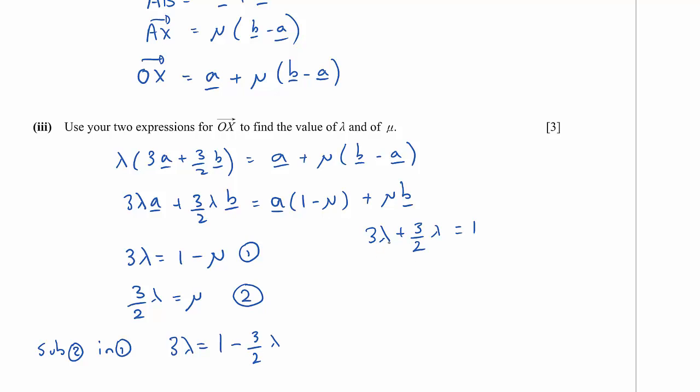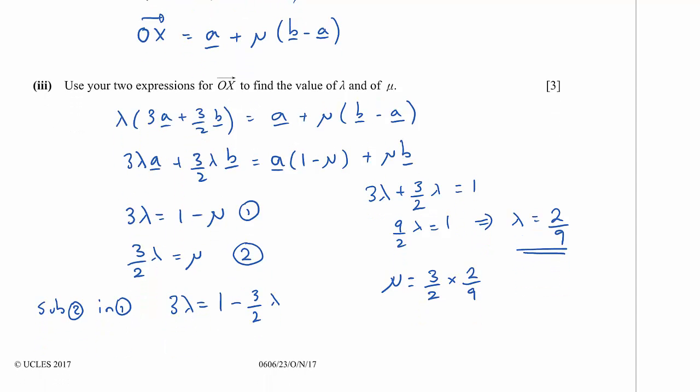Now 3 is 6 over 2, so we've got 9 over 2 lambda equals 1, which means that lambda is 2/9. And therefore mu is going to be 3 over 2 times 2/9. A little bit of cancelling there, the 2's go, these cancel, and mu is then 1/3.